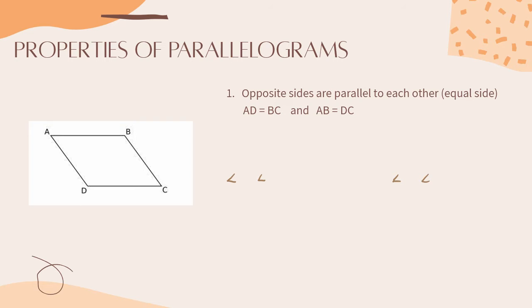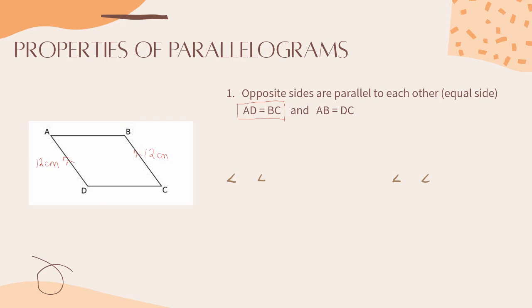So for example, if AD is 12 centimeter, then since AD is parallel to BC, BC also equals 12 centimeter. So this is where AD is equal to BC because they are parallel to each other. I'm just putting the parallel symbols there, parallel lines.